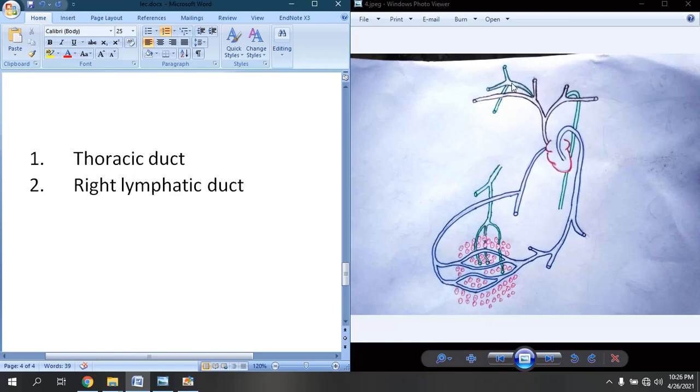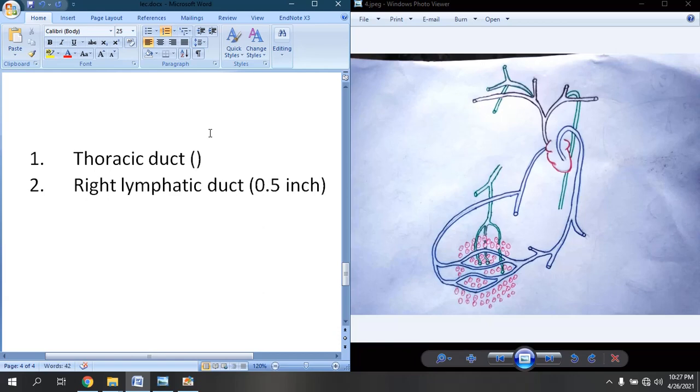The right lymphatic duct is very small in length. It has a large diameter, but it is very small in length. The length of the right lymphatic duct is 0.5 inch, while the thoracic duct has a large diameter as well as large length.